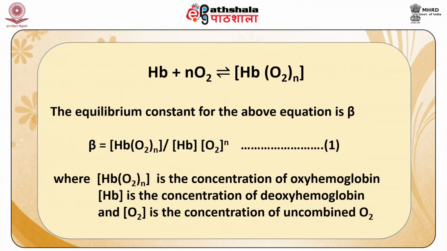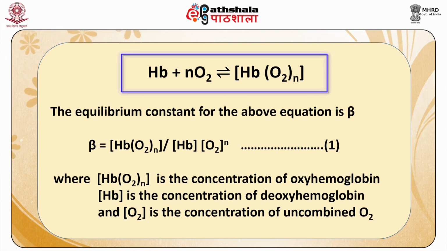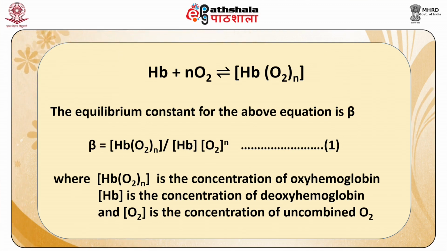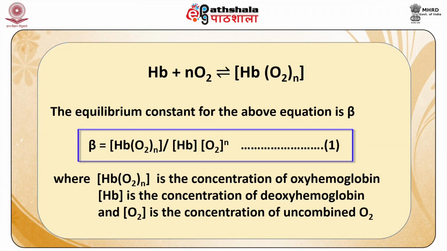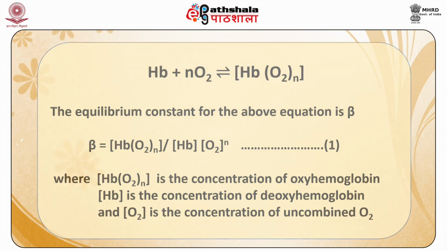We can describe the binding of dioxygen to hemoglobin by the equilibrium Hb + nO2 ⇌ Hb(O2)n. The equilibrium constant for the binding, beta, is the concentration of oxyhemoglobin divided by the concentration of hemoglobin and the concentration of uncombined oxygen to the power n.